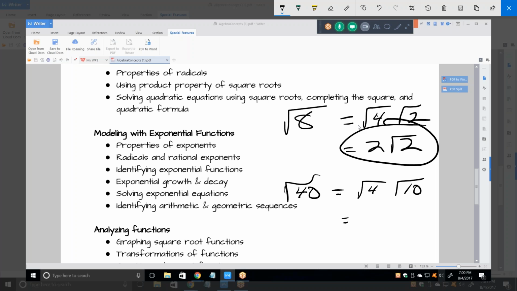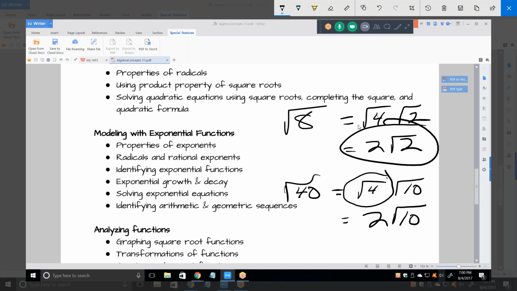Well, what do you think? Start with the square root of 4. What is that? It's 2. So, you're saying that it's that.